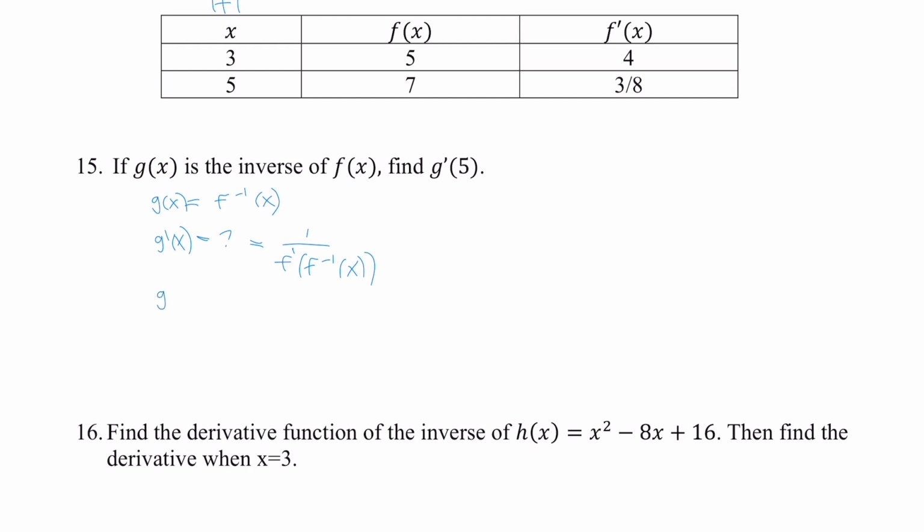So g prime 5 is going to be equal to 1 over f prime f inverse 5. Okay, so let's look at when the output of f is going to be equal to 5, and that's going to be when x is equal to 3, right? So that means we're going to be finding 1 over f prime 3, or 1 over 4 would be our answer.